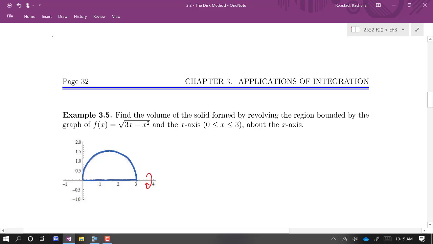And I'll just note that with the disk method, you have to draw the sample rectangle so that it is perpendicular to the axis of revolution.